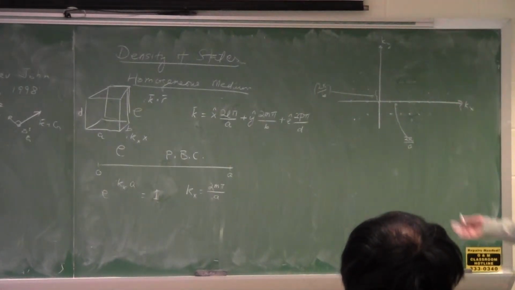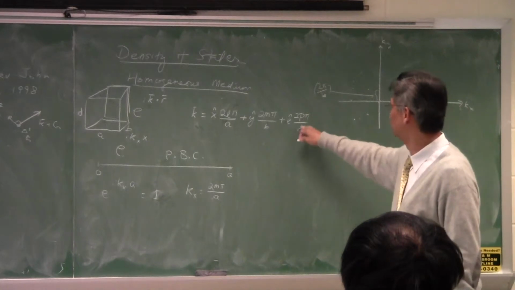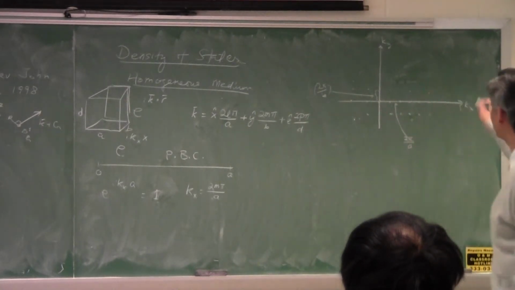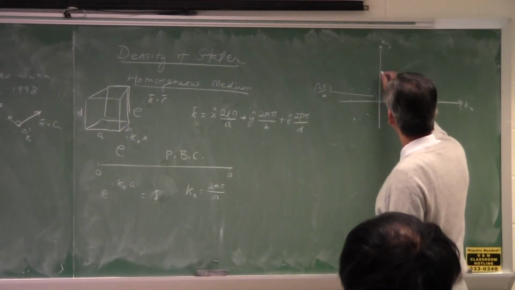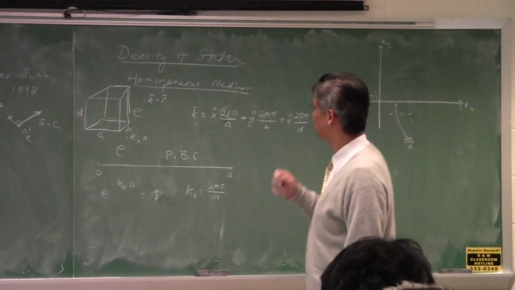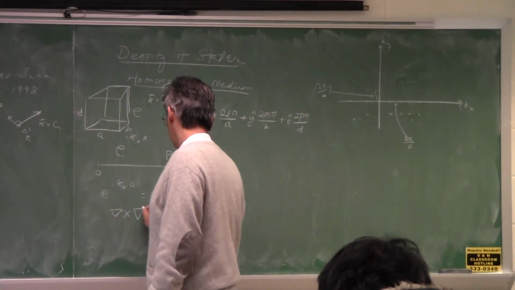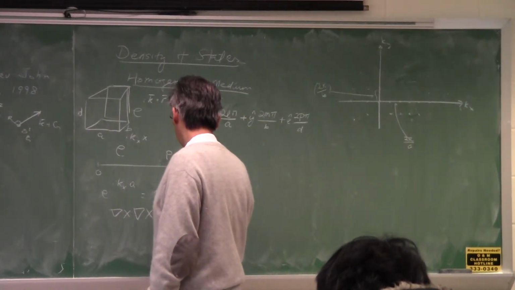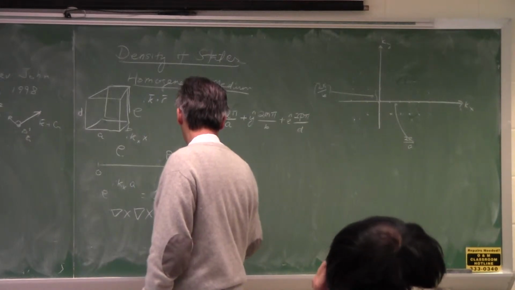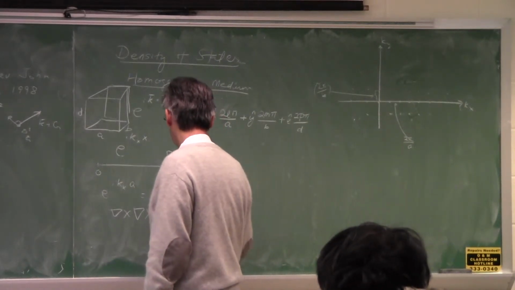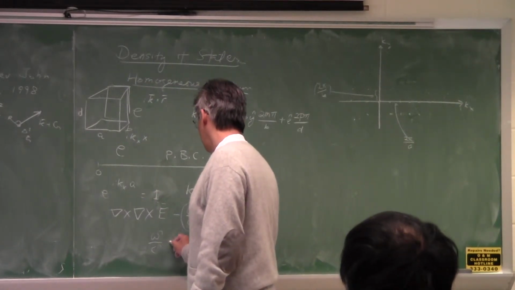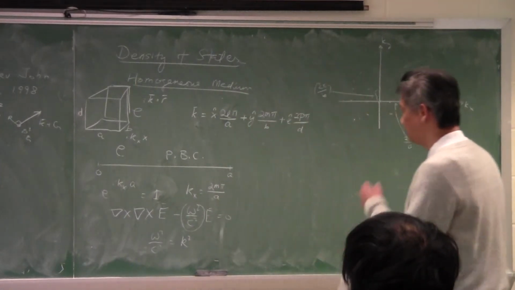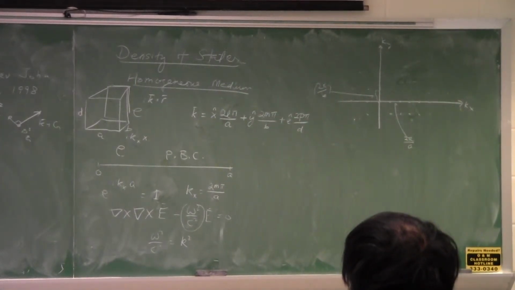Okay. In 3D, you have to add in one more axis, and then it will be 2 pi over d in the z direction. And there will be all these dots, and each of these dots represents a possible solution or possible state. And then it's easy to count the states, right? So if I look for the solution of this thing, like curl cross E minus omega squared over c squared E is equal to 0, then if this represents my omega over c, then solutions exist when omega squared over c squared is equal to k squared.